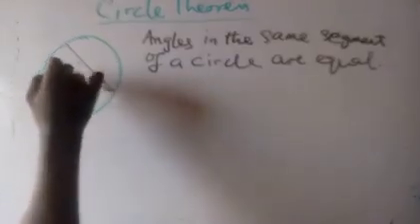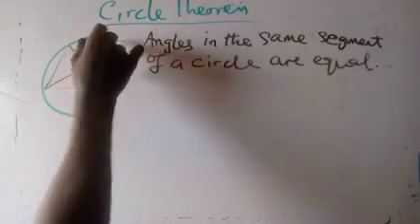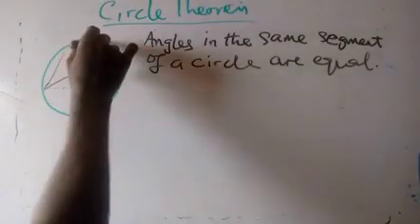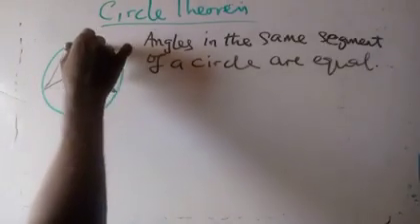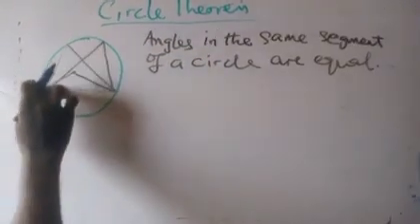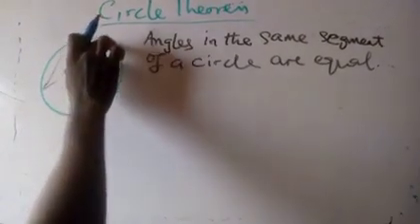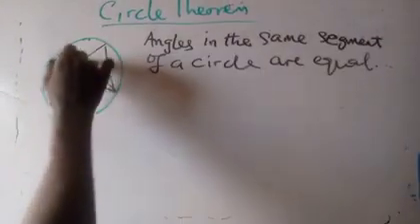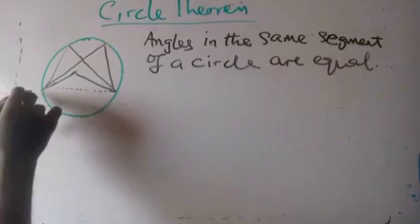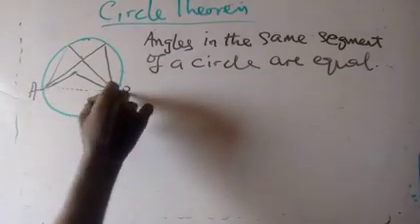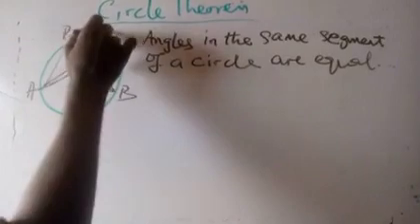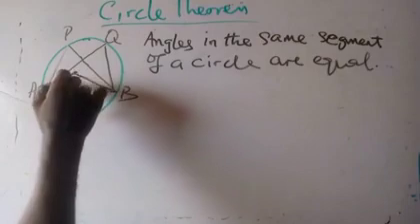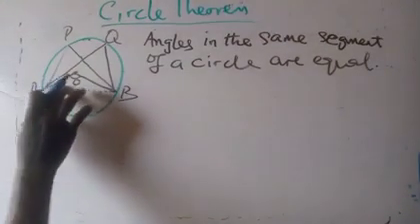Okay, let's have another angle rather. So we can call this A, B. Let's call this P and Q, and this is the center O. So we can remove the chord.